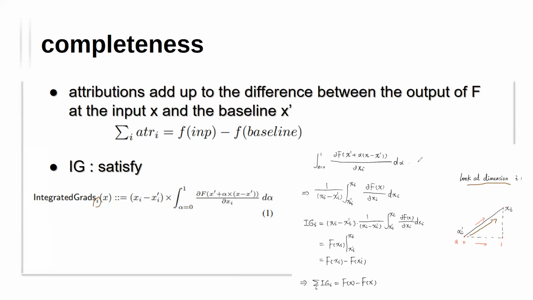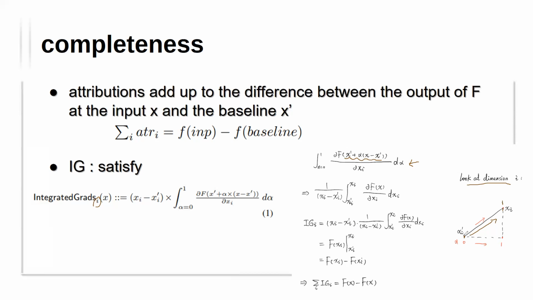And when you look at this formula, I try to replace alpha with xi. Actually here alpha equals 0 and here alpha equals 1, right?